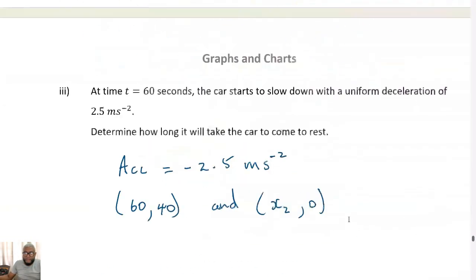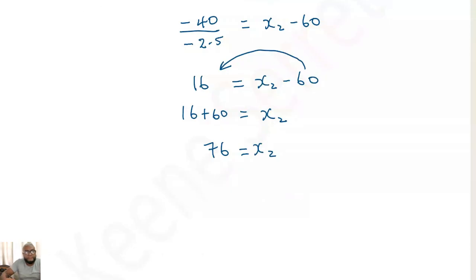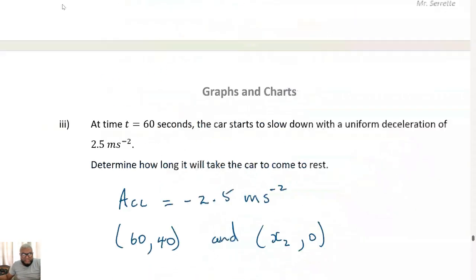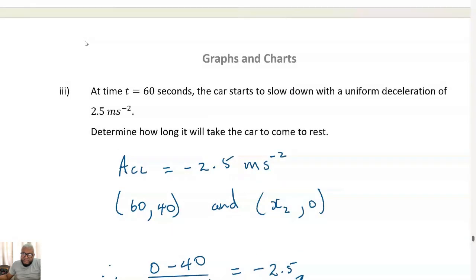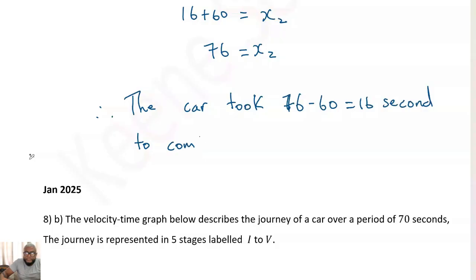So I'm going back down. Very good. Therefore, the car took 76 minus 60, which is 16 seconds, to come to rest.